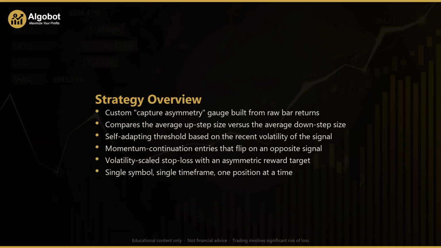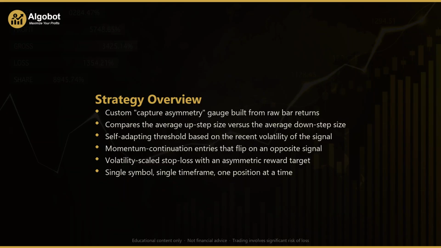Instead, it looks at the average size of each up move and each down move, and it asks which side is doing more work per step. The thinking is that in a genuinely directional market, the side in control tends to advance price in larger steps, while the opposing side only nibbles it back in smaller ones. So a big difference in the average step size, rather than the raw count, is treated as the cleaner sign of who owns the move.